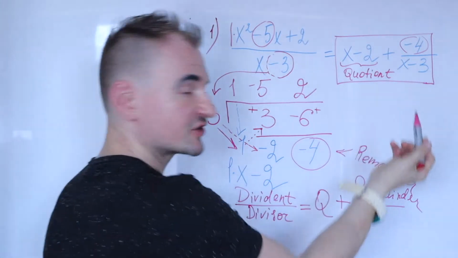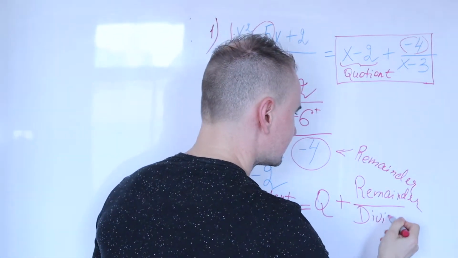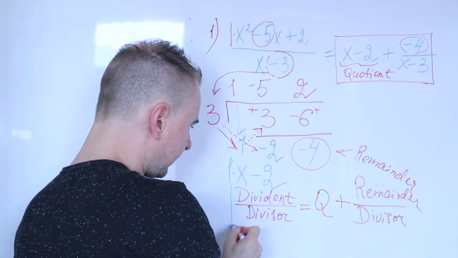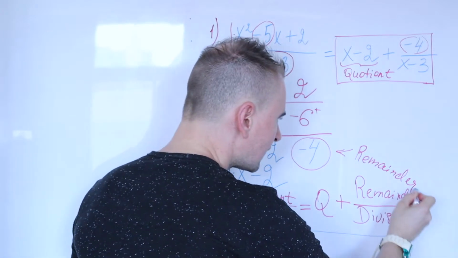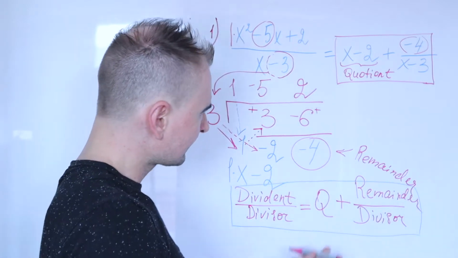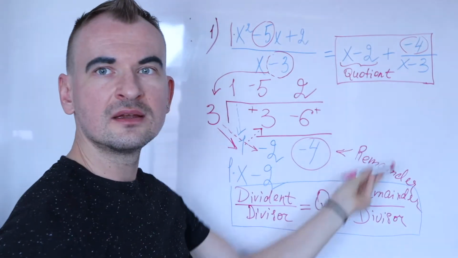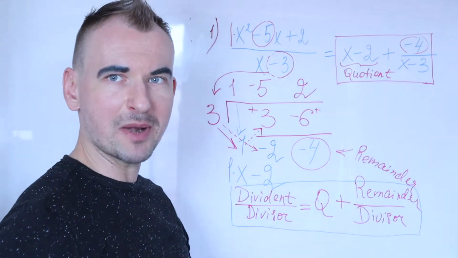This is your quotient, this is your remainder, this is your divisor. This is like a general formula if you like, and this is your answer for that division problem.